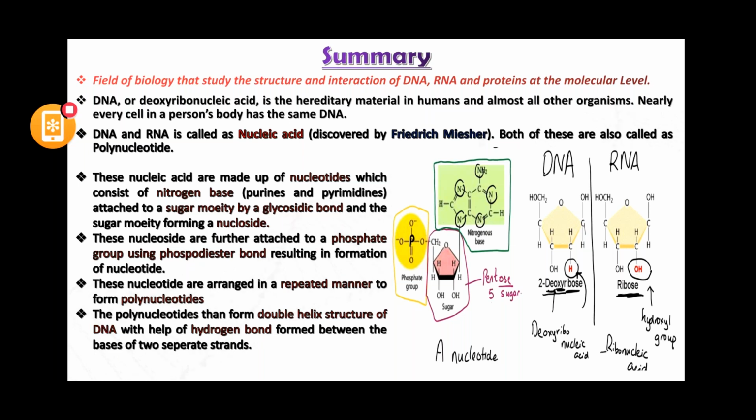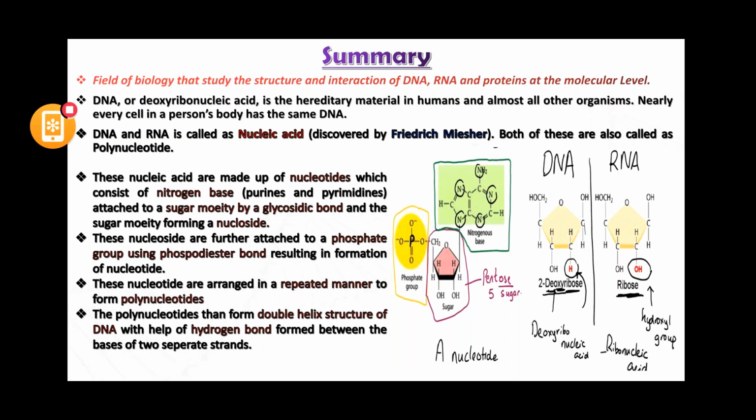These nucleotides are attached to another nucleotide by a phosphodiester linkage and form a polynucleotide. So the polynucleotide is the arrangement of a repeated number of nucleotides.